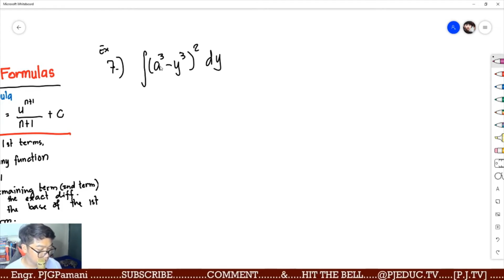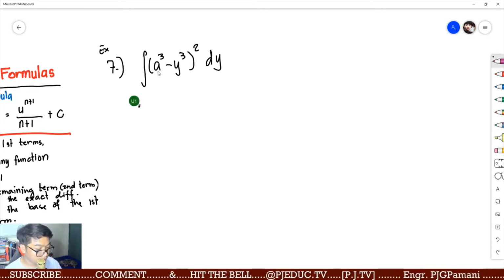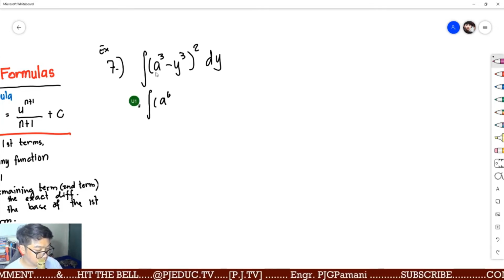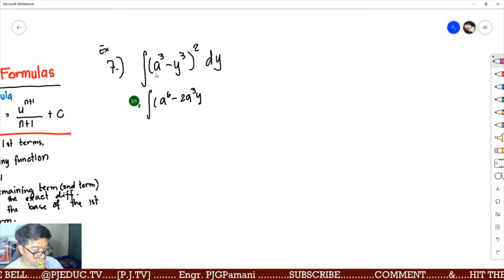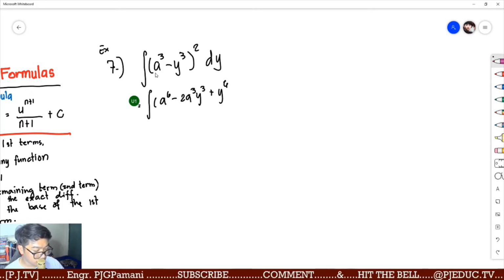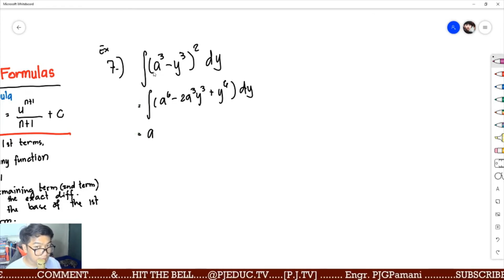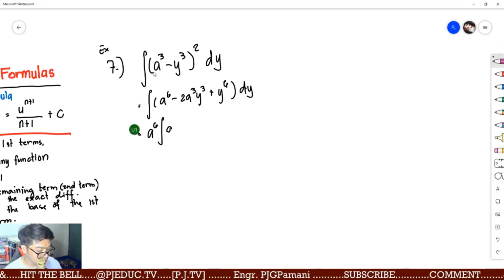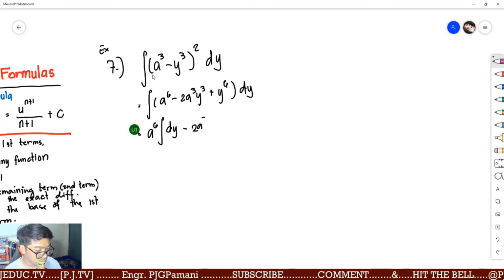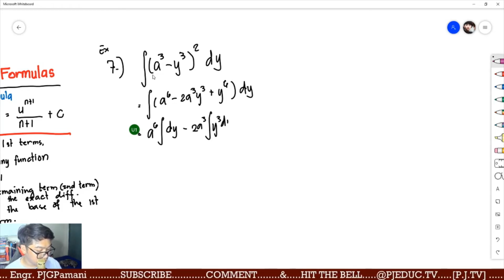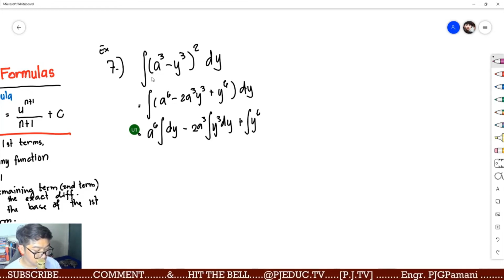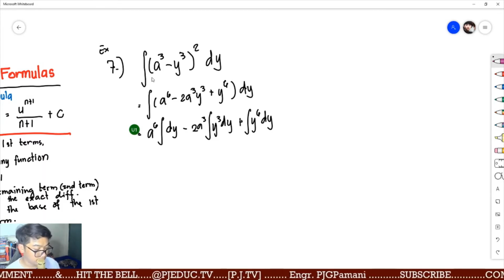So with that said, alam nyo naman na yan, expand. So that is a raised to 6 minus 2a cube y cube plus y raised to 6 dy. Distribute your integral sign. Again, constant yung ating a. So a raised to 6 integral dy minus 2a cube integral y cube dy plus y raised to 6 dy.